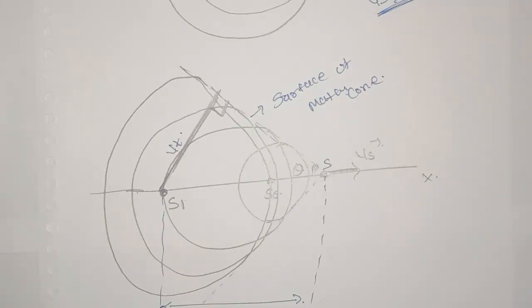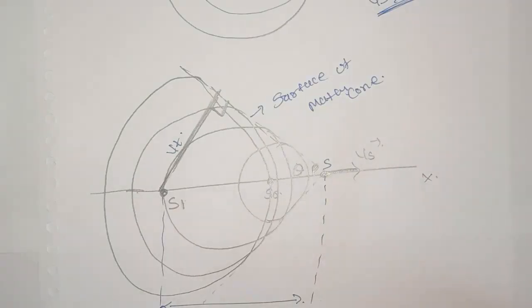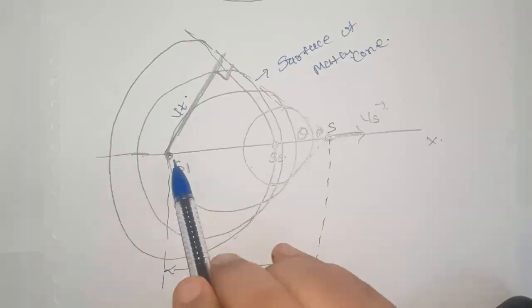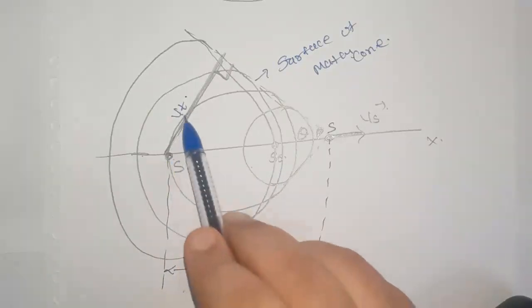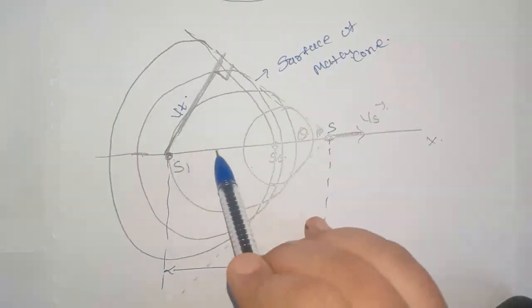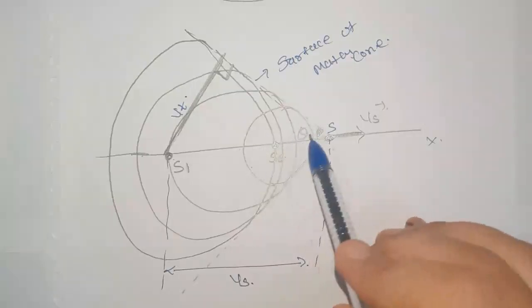Now, as shown in the figure, the spherical wavefront originates at various positions of the source. Initially, it was at position S1 and created some spherical wavefront. At different positions, it has been creating the spherical wavefronts.